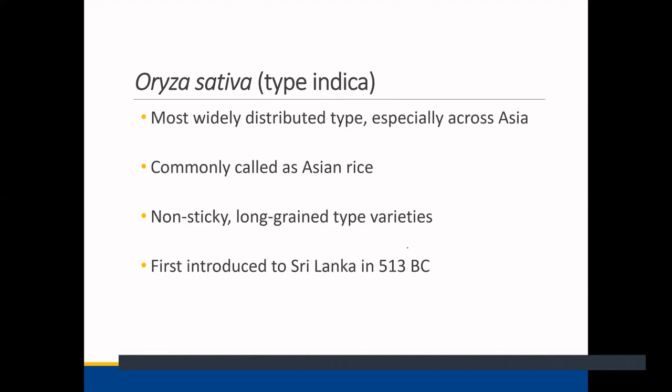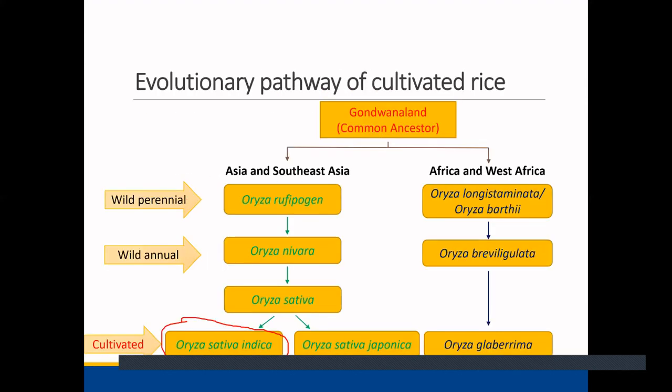this, the Asian type. We said that this particular landmass was a single large landmass, and then it divided into continents.